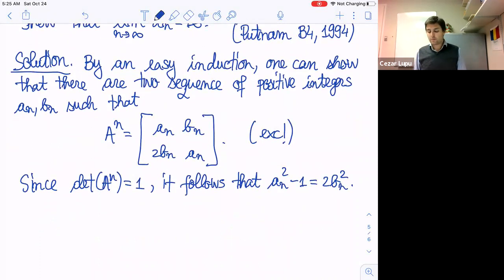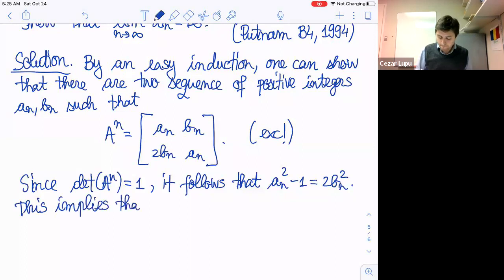Well, in other words, if you factor a_n squared minus 1 as (a_n minus 1) times (a_n plus 1), this implies that a_n minus 1 divides 2 b_n squared.